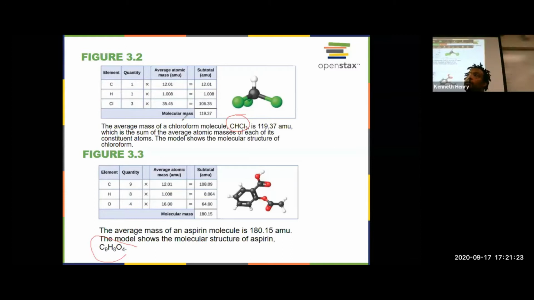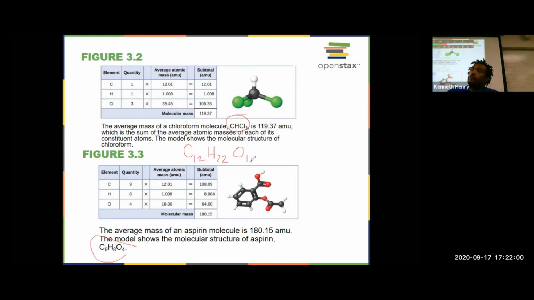So let's see, what chemical am I going to give you? We'll start off simple. Let's do sucrose. Sucrose, chemical formula is C12H22O11.